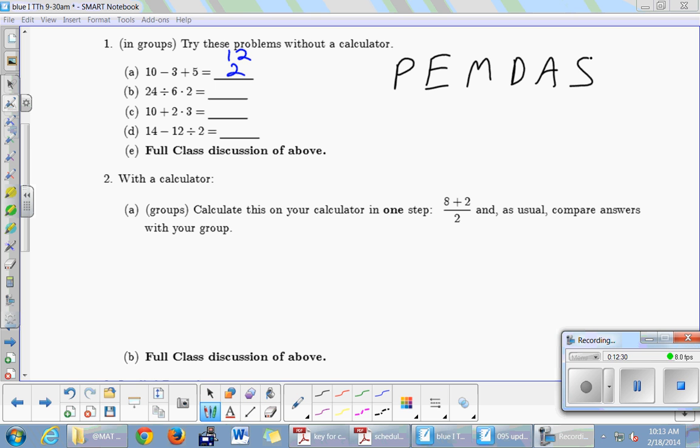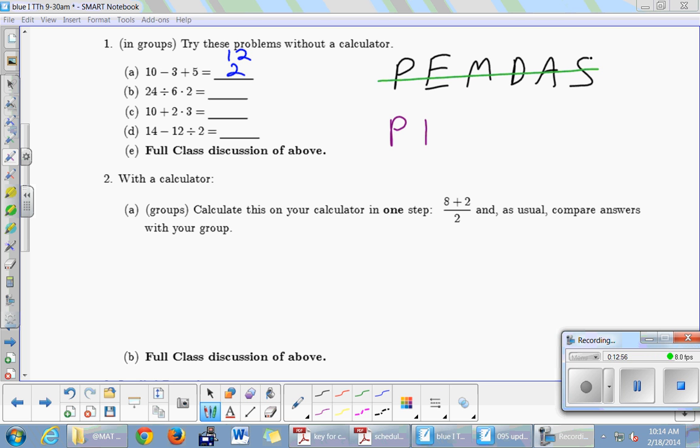After you finish all the parentheses, you move on to the E, exponents. So any exponents come next. After that, M is multiplication, D is division, A, addition, S, subtraction. And it seems to be saying that multiplication trumps division and addition trumps subtraction. It doesn't say that. So we're going to cross that off.